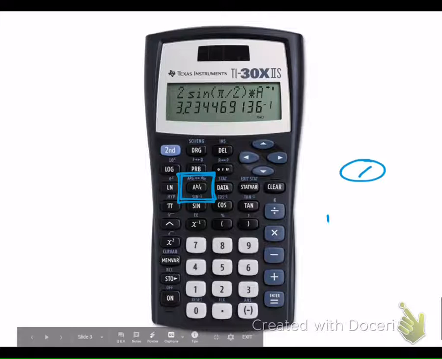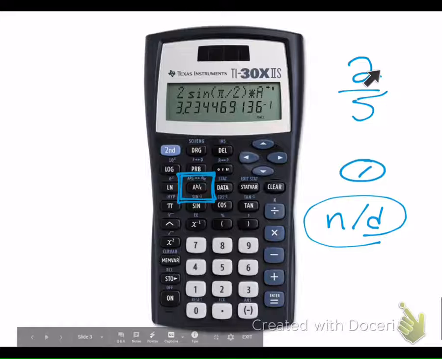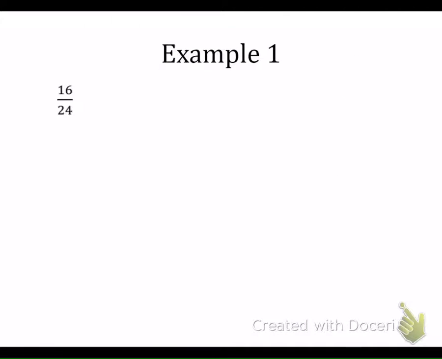And then I've also seen the button look like this. It's N/D, so numerator slash denominator. So any of those buttons is your fraction button. So let's say you wanted to type in 2/5. You'd enter the 2, and then whichever button you have, and then the 5. Okay, but again, not necessary, but if you're going to use it, use it right.